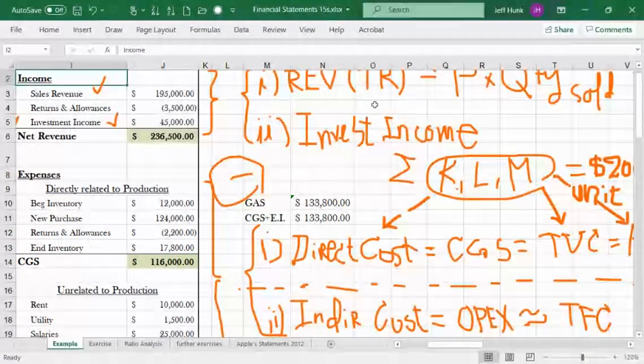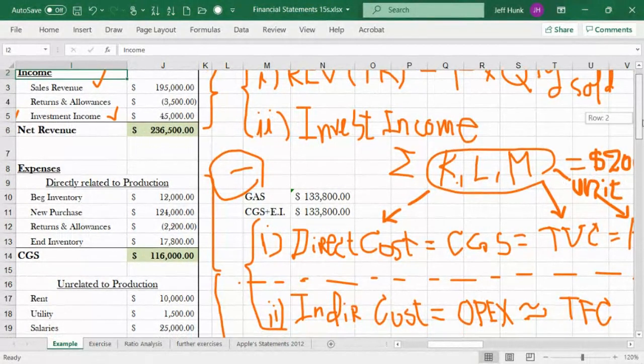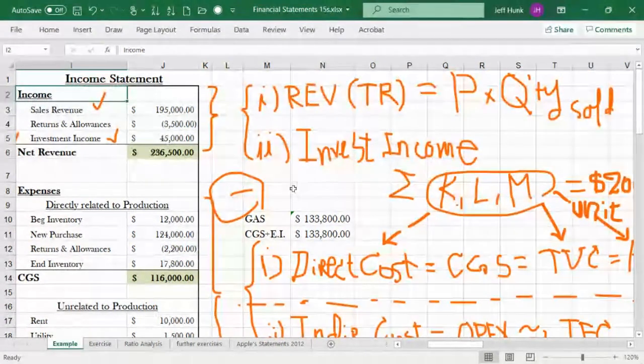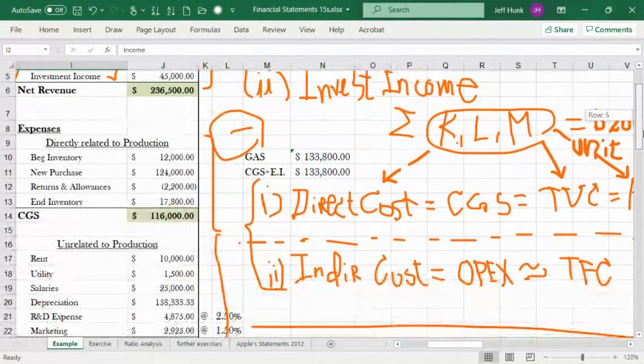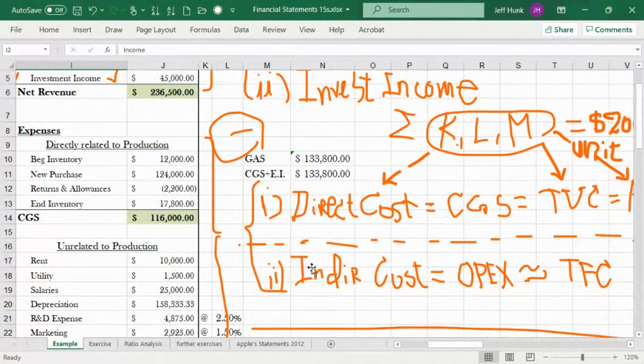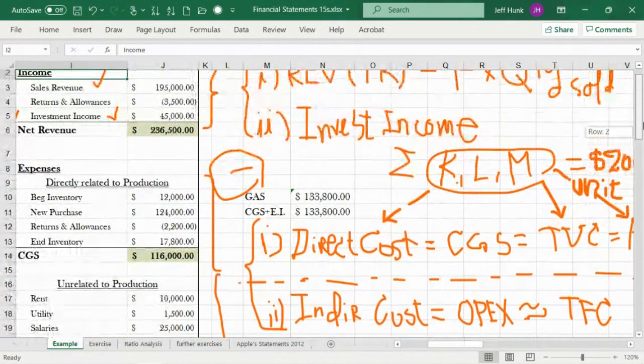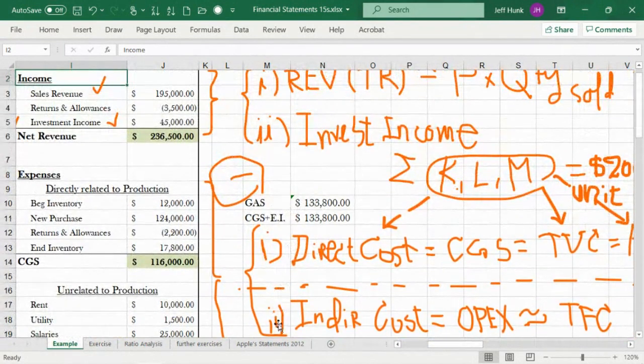We have all the income detailed out. We have identified the income. Mainly, it is sales revenue. And then we have detailed out direct cost and indirect cost. So we have identified all the costs. Then what we need to do next is subtract the expenses from income.